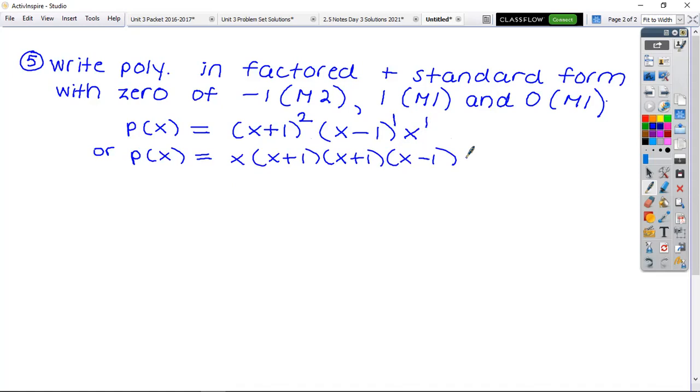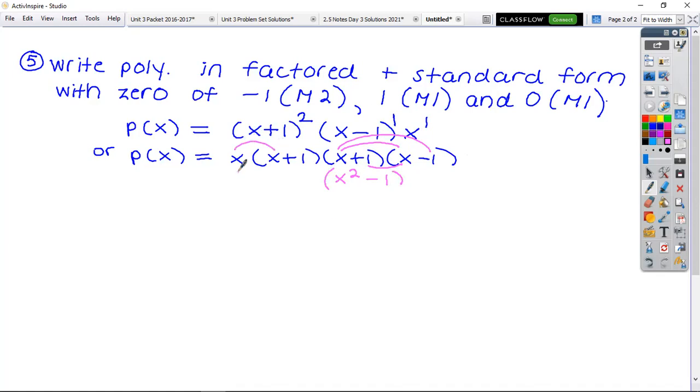So last, to get this in the standard form, I have to multiply. So let's do these up. I'm going to go x times x, which is x squared. Minus 1 plus 1 cancels. 1 times negative 1 is minus 1. So that's taken care of.